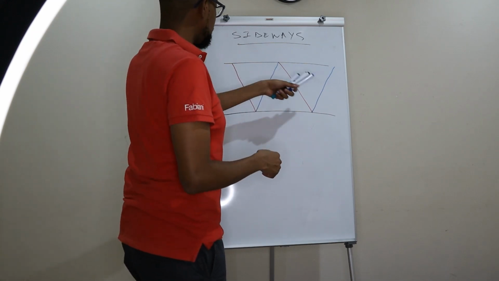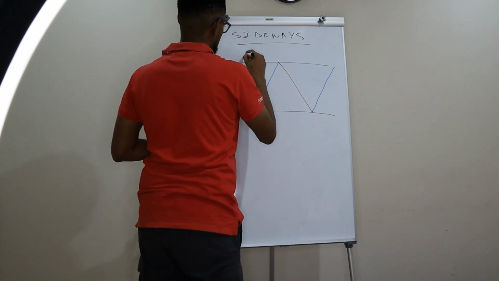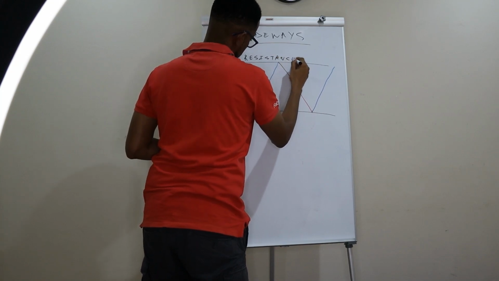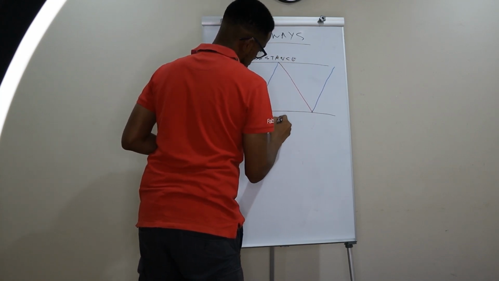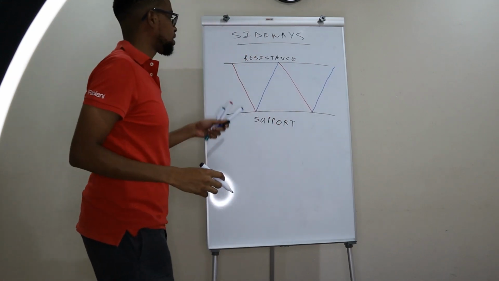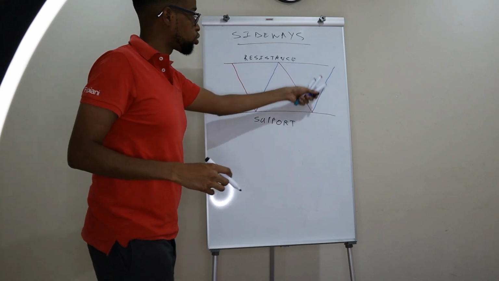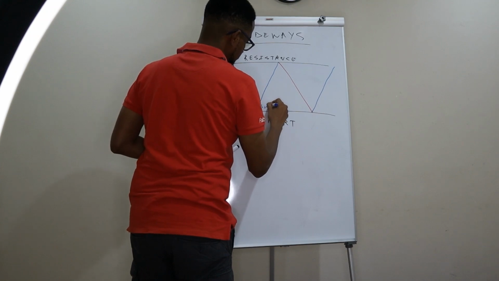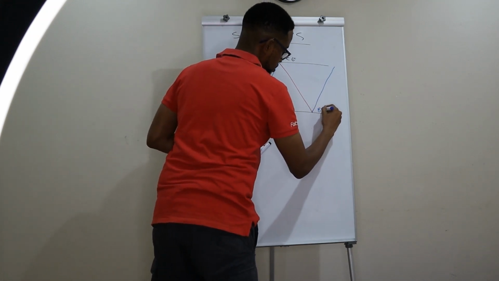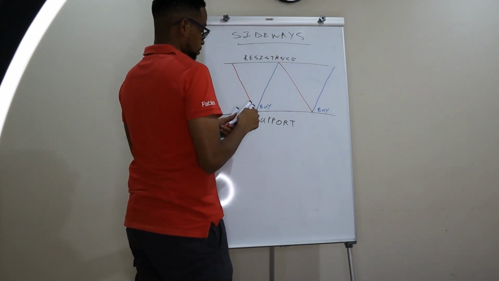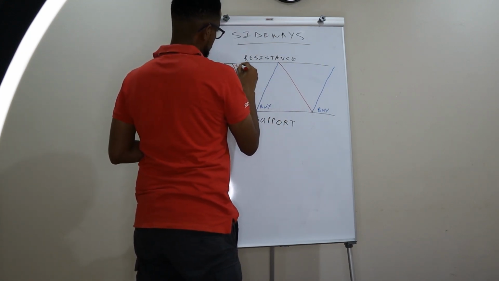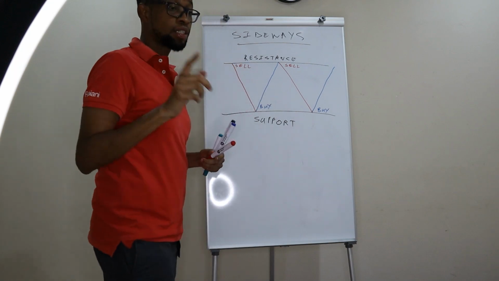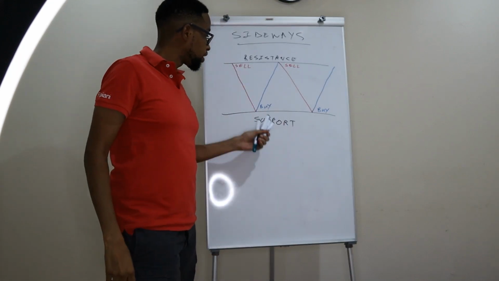So you can see that in both directions you have your resistance and your support area. You can see the market is bouncing up and down between these two ranges. So you would know that you're buying at the support and then you are selling at the resistance. But take into account, it won't look in this manner.